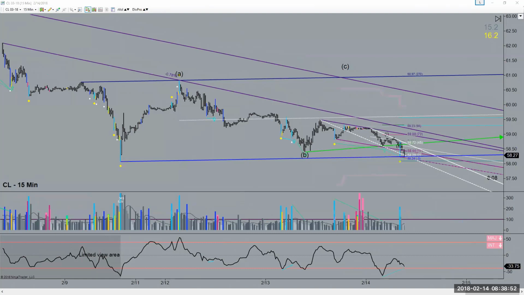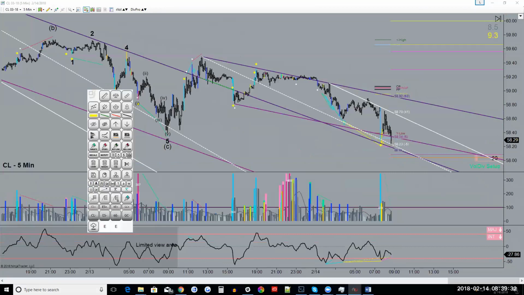Crude is at a spot. It's awfully close to breaking that prior low, though. That's triple divergence on the 5-minute.